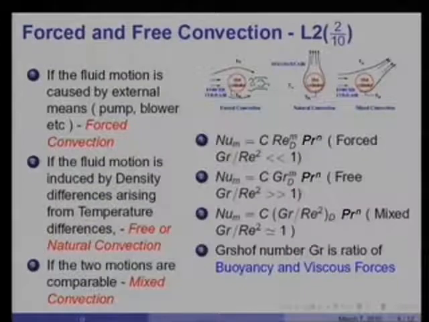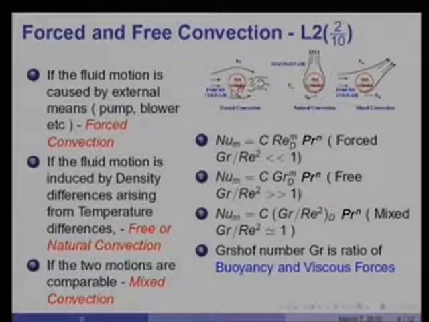The first type of flow classification is well known to you, called forced and free convection. So consider a hot cylinder, say a tube or anything like that, across which cold fluid is flowing. If the fluid motion is caused by external means such as a pump, blower, etc., we call it forced convection heat transfer.